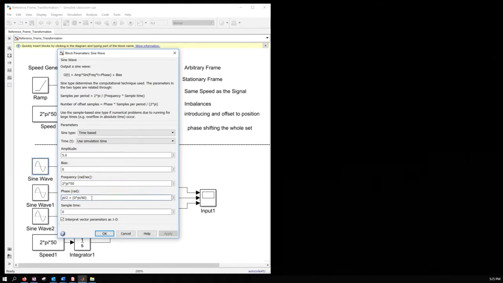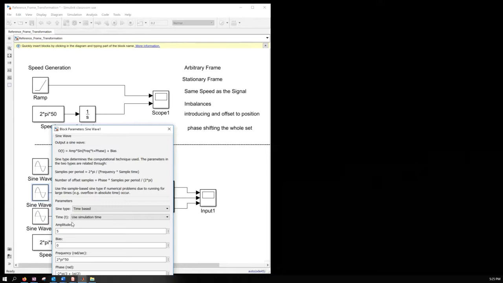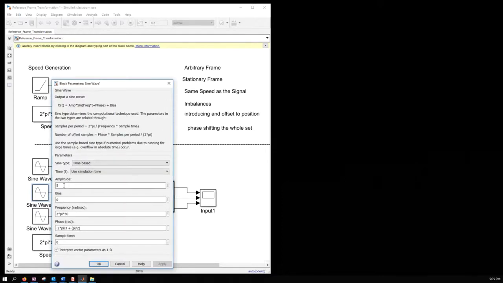This is to demonstrate something later, so don't pay attention to that. Then I go to the next waveform, which is again 5, same frequency, and then pi by 2 minus 2 pi by 3. This is 120 degrees out of phase.